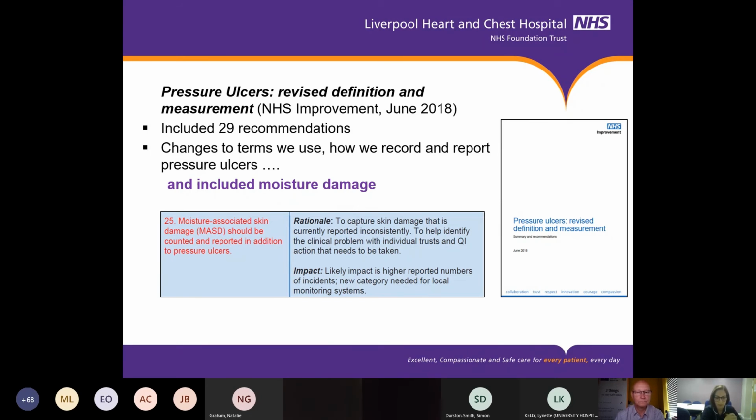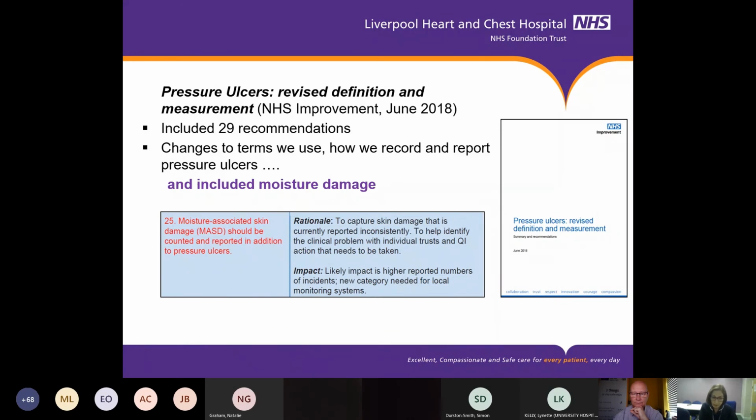But there was one recommendation that was about moisture damage, and it was the first of its kind in a national document, recommendation 25. It says that MASD should actually be counted and reported in addition to pressure ulcers, and the rationale was that at the time, and arguably still, capturing the number of instances of MASD is inconsistent in some areas.